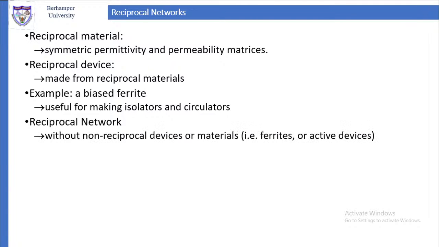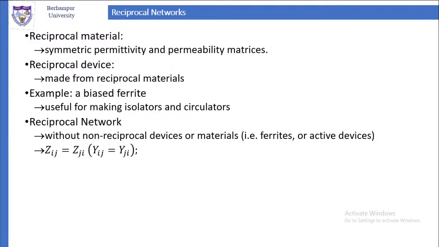The reciprocal network is without any non-reciprocal device or material. So if the network does not contain a device which is non-reciprocal or does not contain a material which is non-reciprocal, then the network is called reciprocal network.